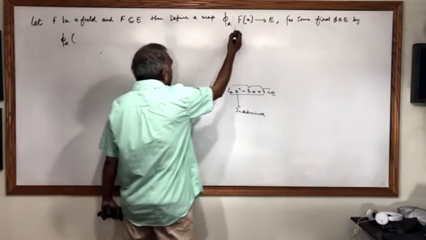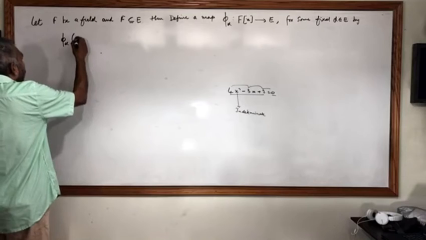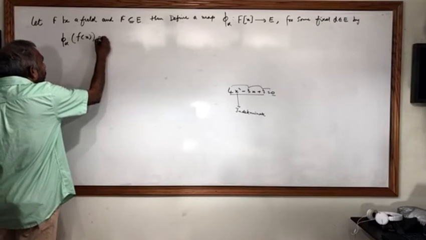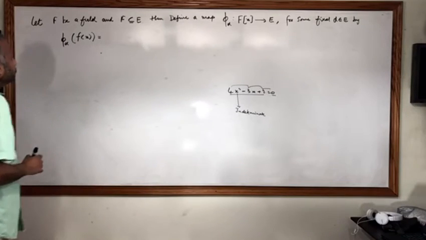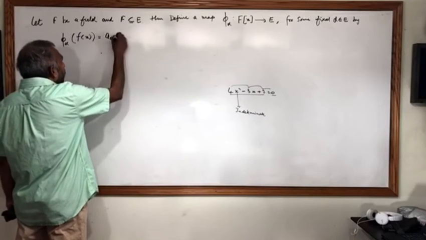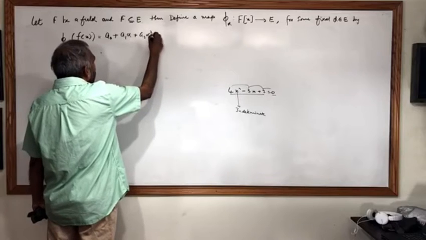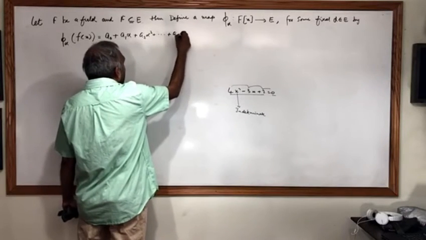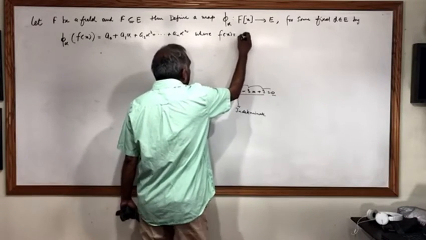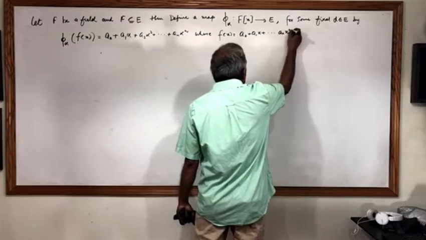This is actually the ring of polynomials with coefficients from the field F. So let us write it as f of x is equal to a0 plus a1x plus dash dash an x to the power of n; then phi alpha of f of x is a0 plus a1 alpha plus a2 alpha square plus dash dash plus an alpha to the power of n.